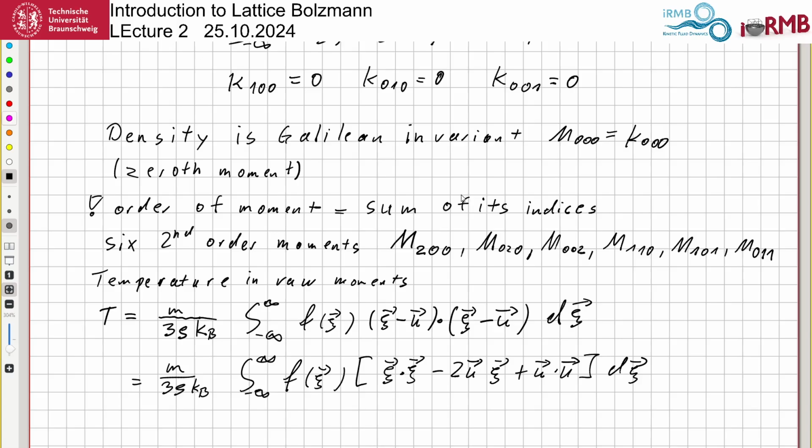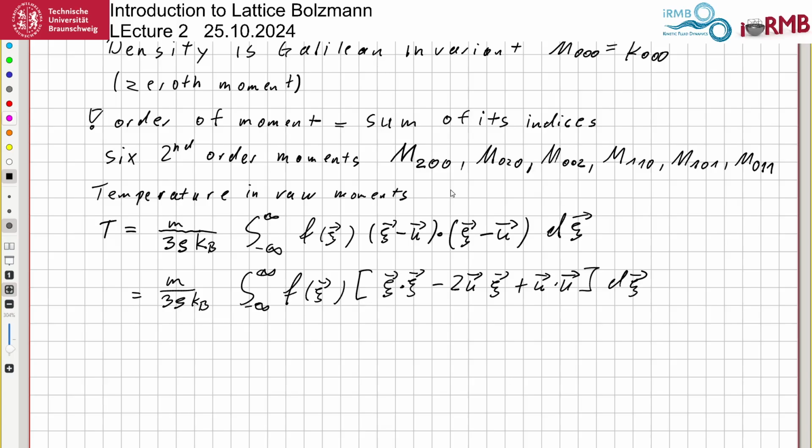And this can be further expanded in all its components. So xi dot xi is of course the components xi squared plus upsilon squared plus zeta squared, and u times xi needs to be a scalar product, of course.